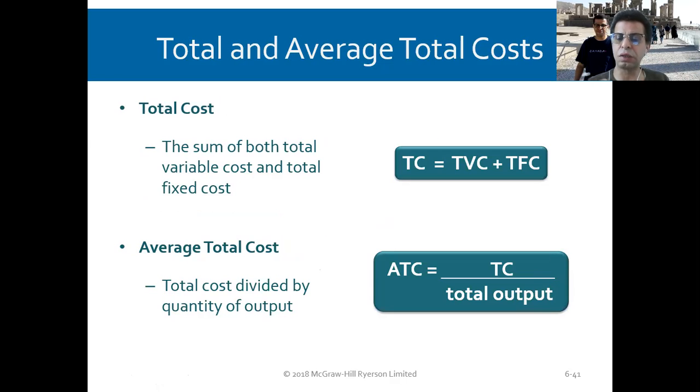And your variable cost is probably the flour that you bring in, how many kilos of flour and how many liters of oil. But the average total cost, as we said, is the total cost divided by the output, and the total cost is made of fixed costs and variable costs.